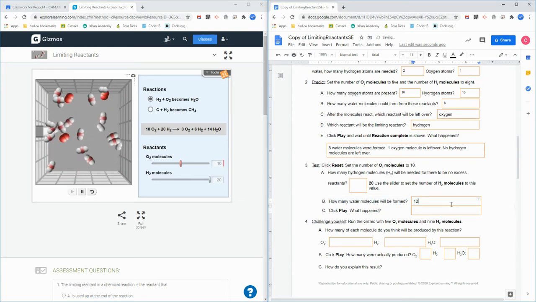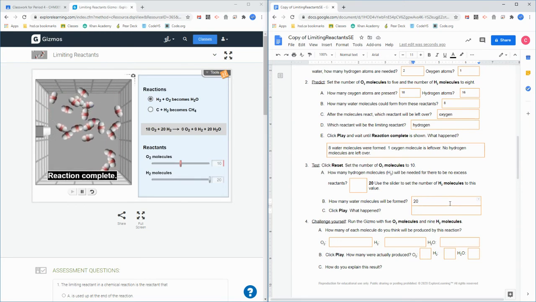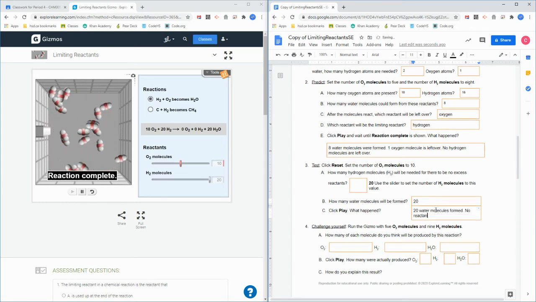I meant 20 here, you guys, not 10. There we go. What happened? 20 water molecules formed. No reactants left over.